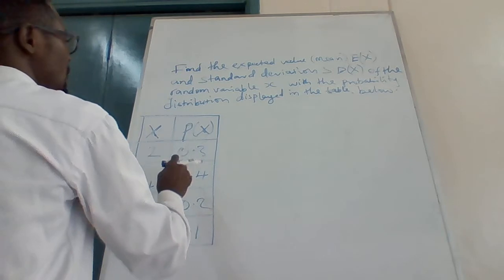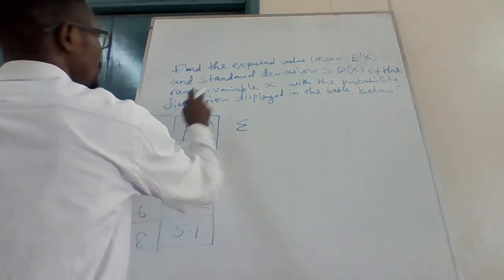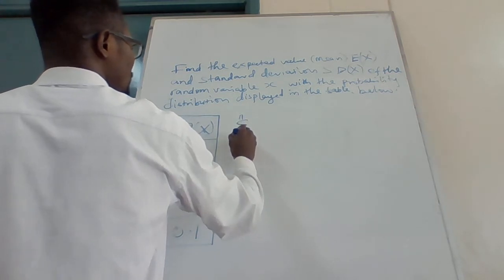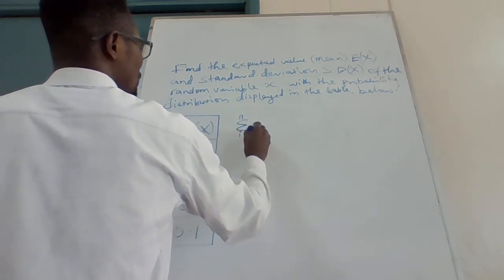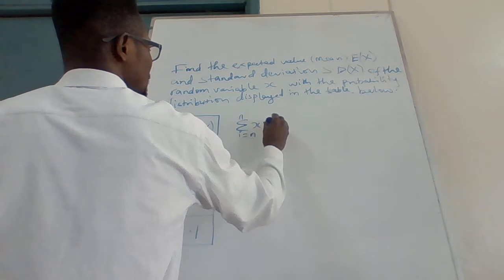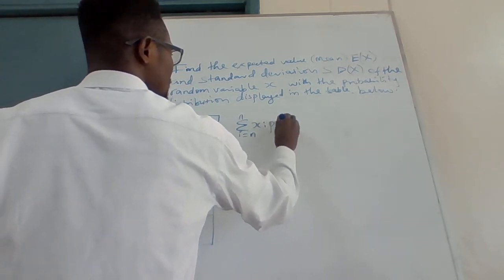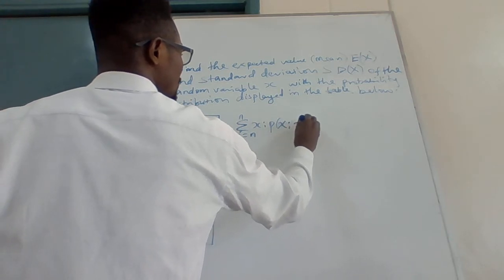So let us see. We know that the formula for our expected mean will be given by the sum from i to n of xi times the probability that capital X is equal to small xi.